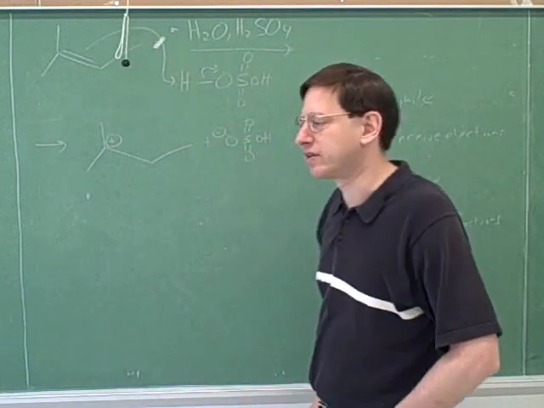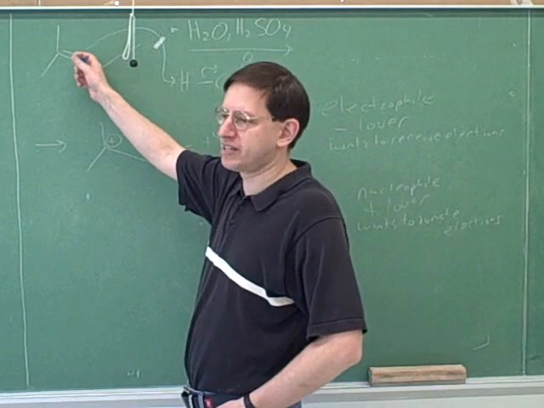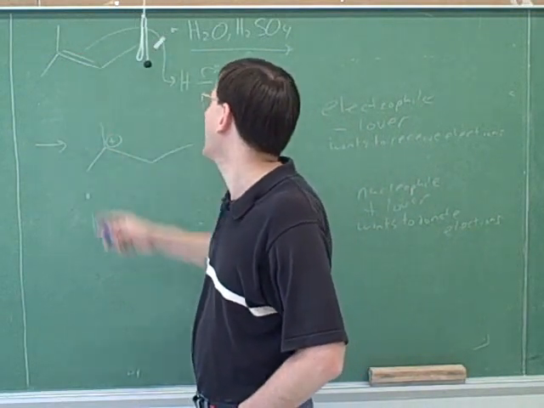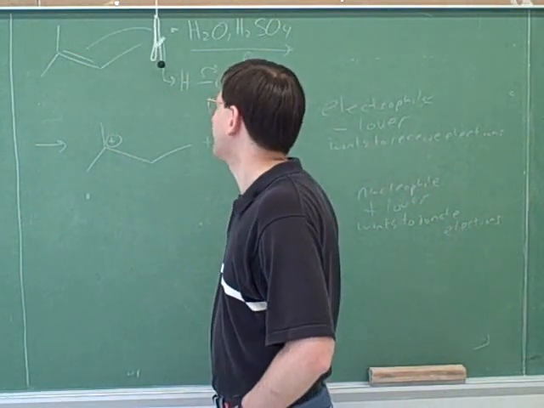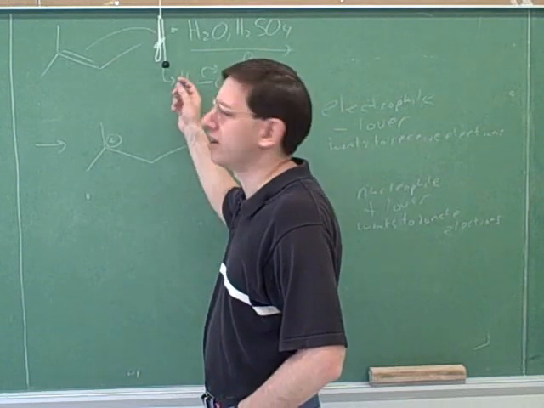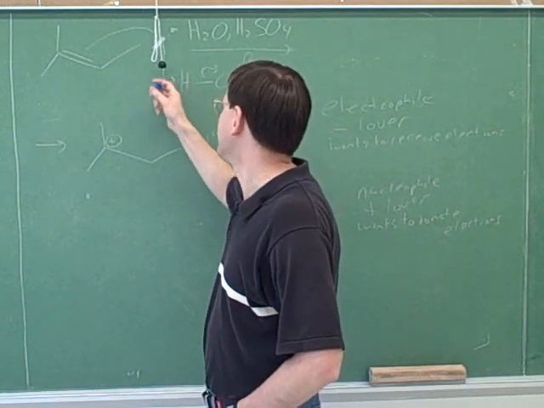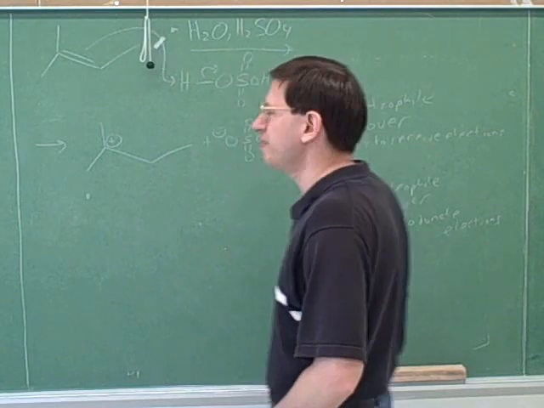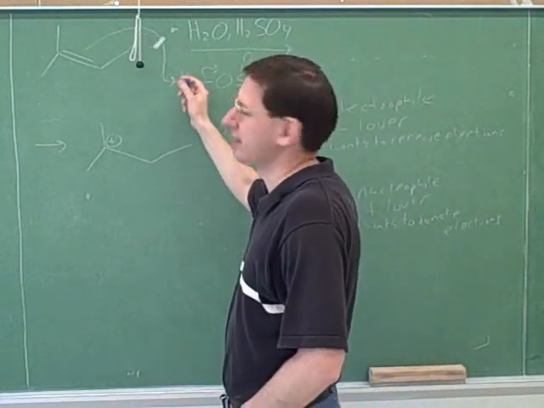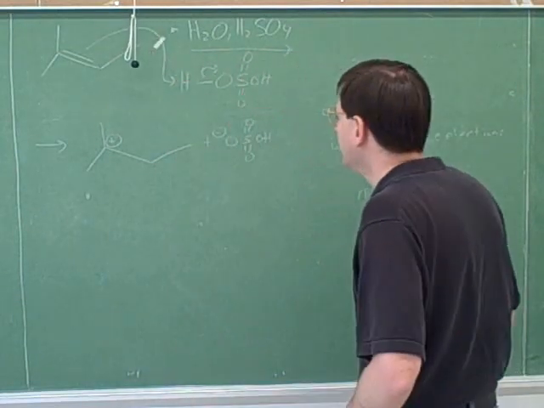Oftentimes things that are nucleophilic are also basic, and that's really what this double bond is acting as now. It's a matter of taste whether you call it a nucleophile or a base. Either way, it's donating electrons to this hydrogen over here. Maybe it's better to think of it as still acting like a nucleophile and attacking the hydrogen.